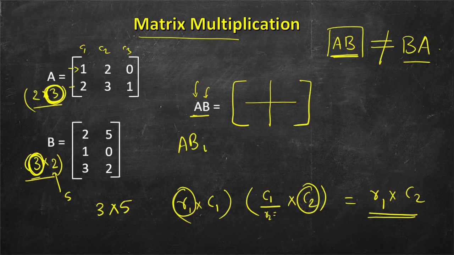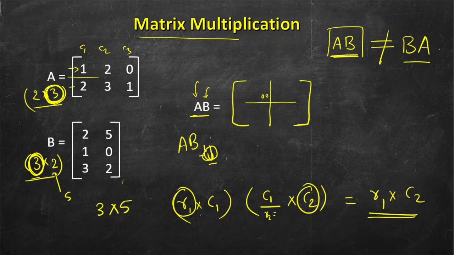Let's call the first value AB IJ. So IJ means, in this case it's 0, 0. Row, column, these are denoting a particular element. So let's say we want the value at ith row and jth column. So we pick ith row from the first matrix, and jth column from the second. And we have said that the number of columns here is same as number of rows here.